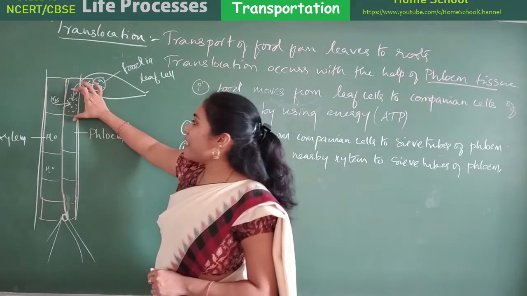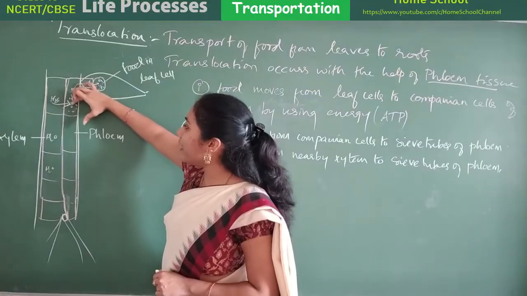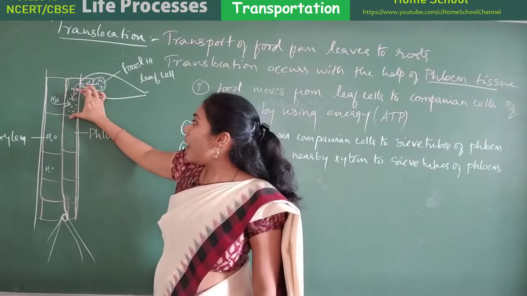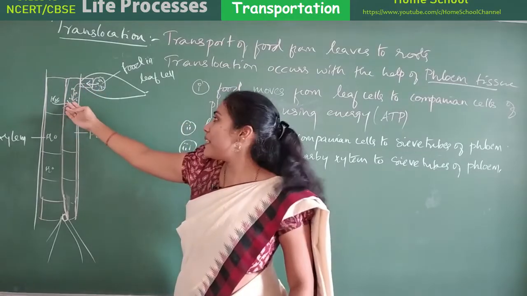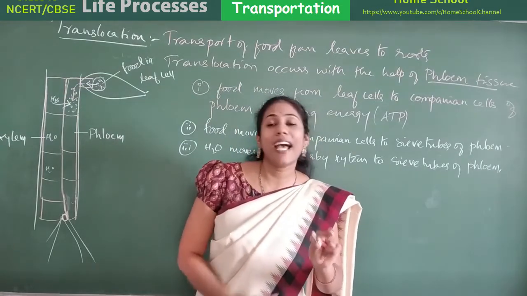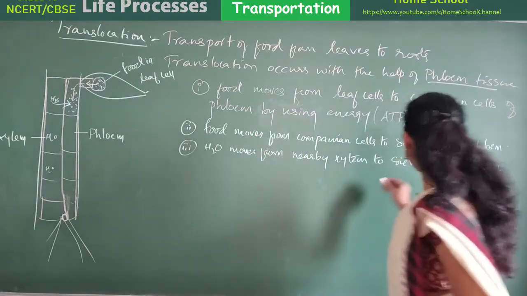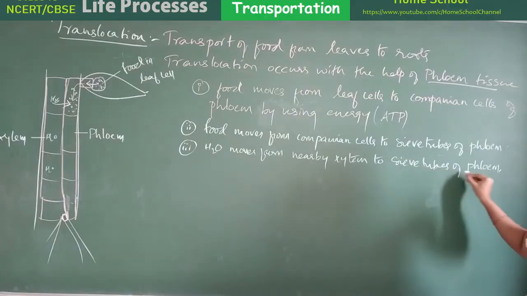Since lots of pressure is there, it will try to pass the amount of food and water to the next cell. The next cell is actually empty, isn't it? So a kind of pressure would have been created because of lots of stuff present in this cell, and that pressure is actually called osmotic pressure. So what I will write is, water moves from nearby xylem to sieve tubes of phloem.